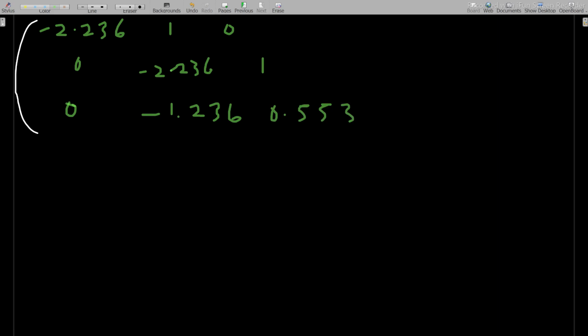All these transformations were done by the multiplier. Know that this 0 here is the result of the row operation.